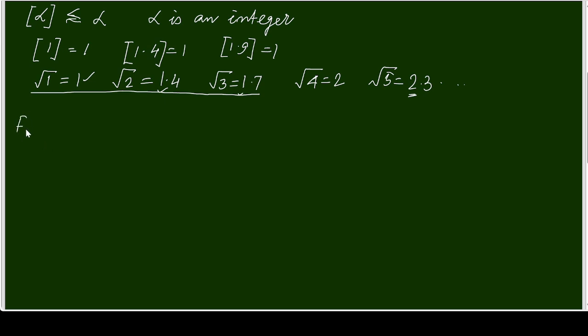So basing on this concept, we'll go for it. From floor of square root 1 to floor of square root 3, we get the greatest integer part as 1. How many times am I getting 1?